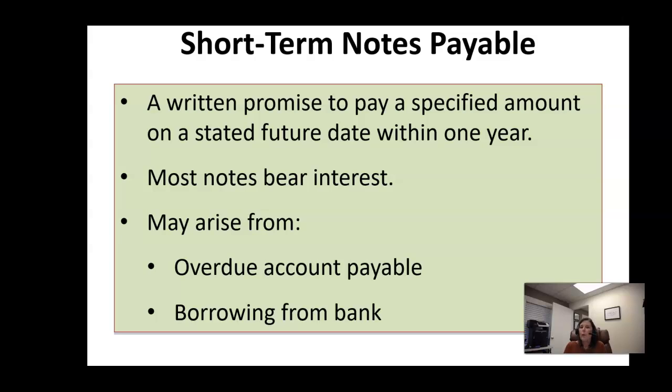So why would you have a note payable if it's not from a bank? Well, maybe we're having some financial difficulties and we owe some of our vendors and we know we're not going to be able to pay them. Maybe it's gone 30 days, 60 days, 90 days, and they're becoming a little tense with us.